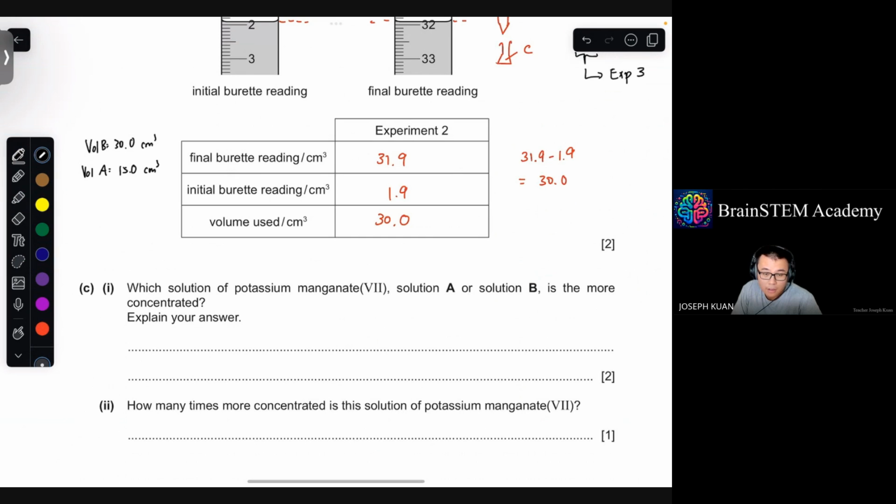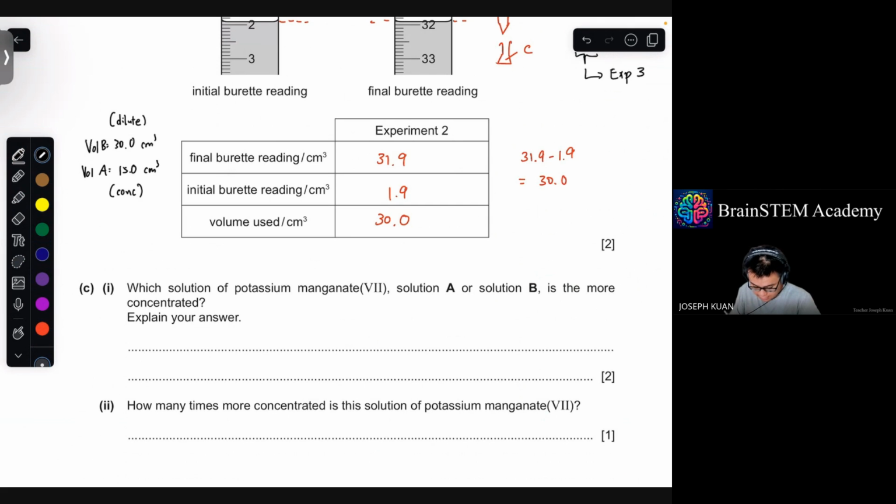Essentially, B is the dilute solution, whereas A is the concentrated solution. Right, because you need less A to titrate C compared to using B to titrate C.